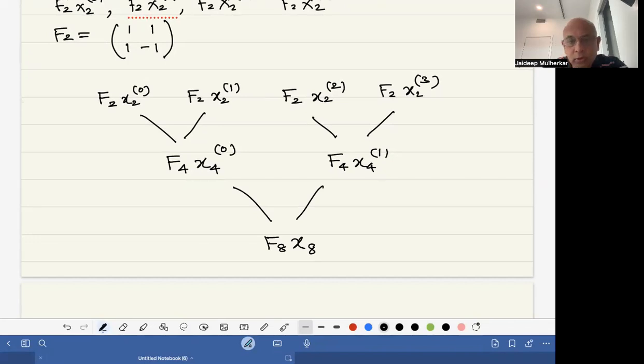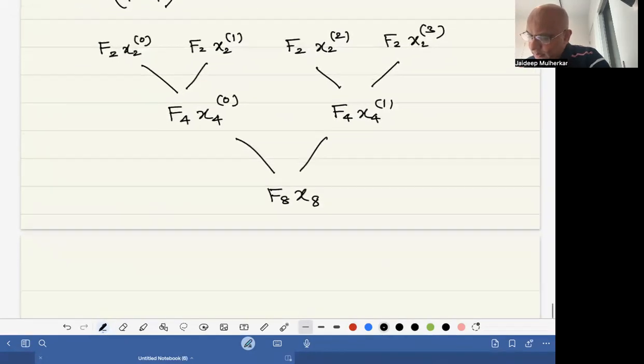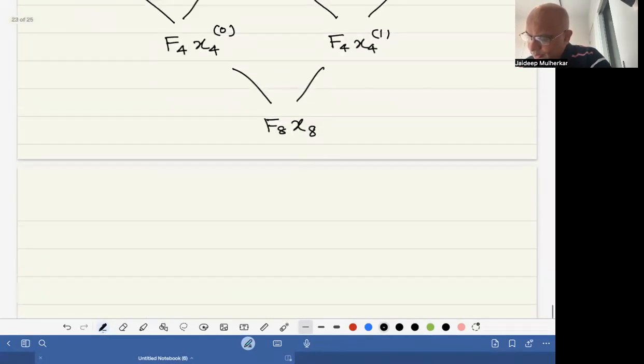But one thing to notice is that the vectors to be computed at this level have a permutation that looks like this. So suppose x8 is x0, x1, x2, x3, x4, x5, x6, and x7.